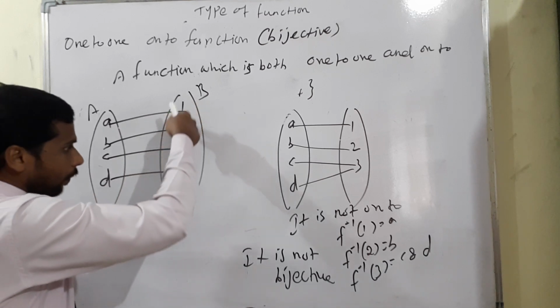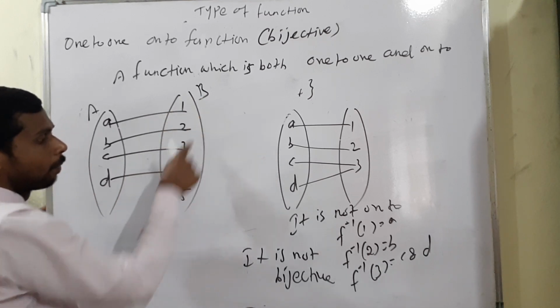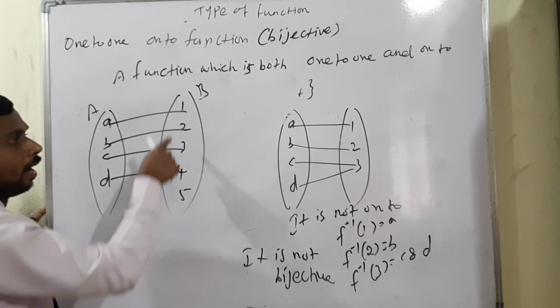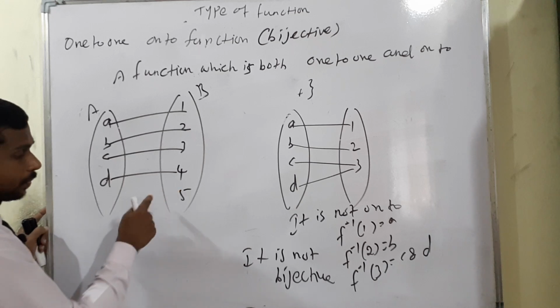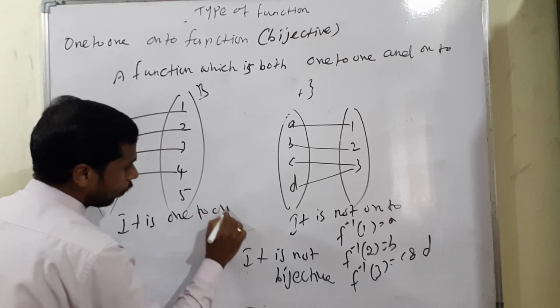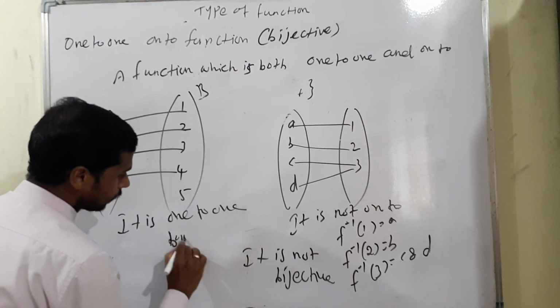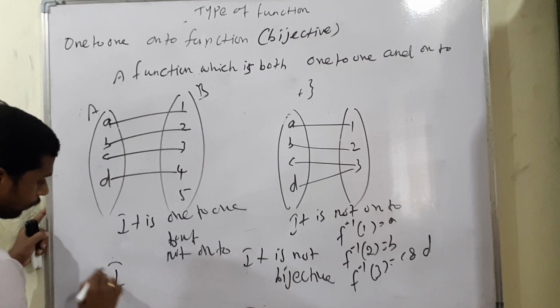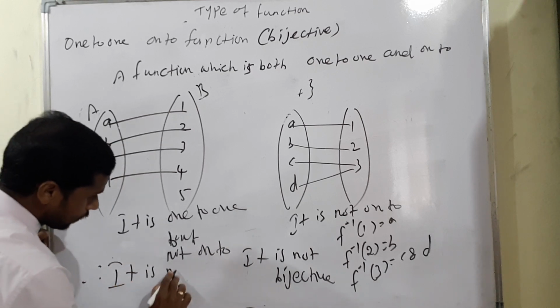Definitely the number of range is not equal to the number of elements in B. In B we have 5 elements there, but the range has only 4. That's why we can say it is 1-to-1 but not onto.